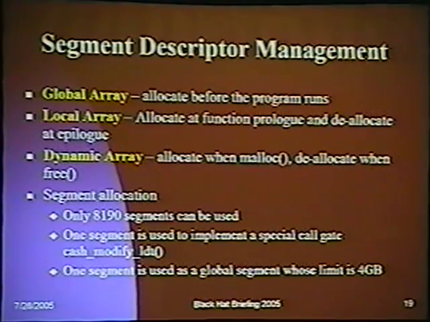And the other issue is segment descriptor management. The x86 architecture only has 8192 segment descriptors. So it's not particularly large, but it's not small either, right? But we don't really know whether this is enough or not. And remember, I want to allocate a segment for every buffer and array in the program, including local arrays.